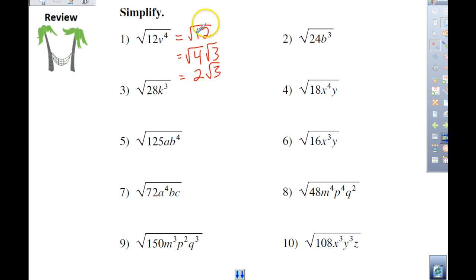So I can just do all the numbers just as one little problem, go all the way through, and then do each variable one by one. Alright. Square root of v to the fourth is, same as 2 in front. So we have v to the 4 over 2, which equals v to the second.